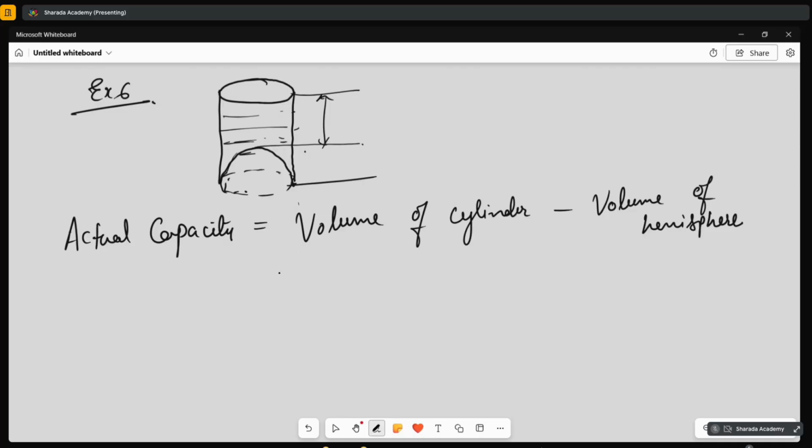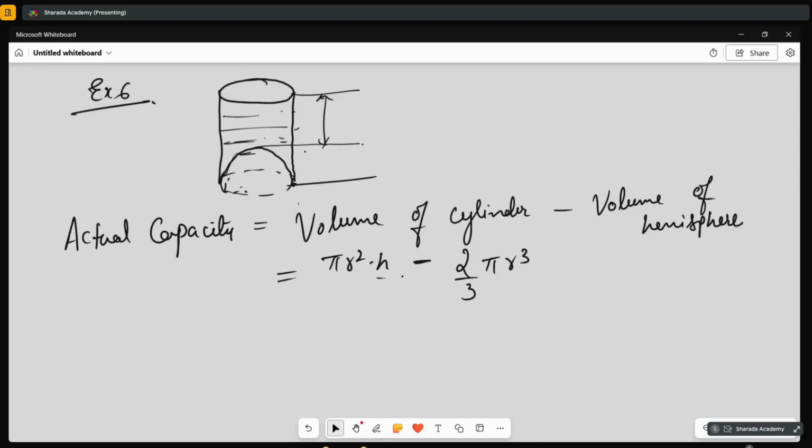So, what is the volume of the cylinder? Pi r square into h. And what is the volume of a hemisphere? 2 by 3 pi r cube. Now, radius of the cylinder and radius of the hemisphere, it's the same. But height, it will differ. Height of the cylinder, you have to check.